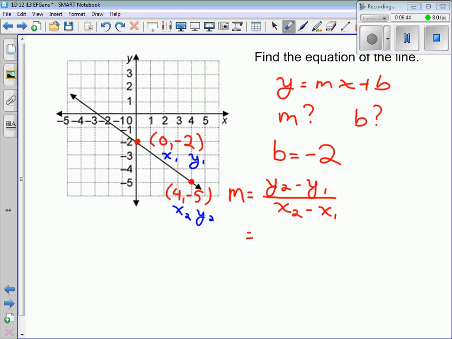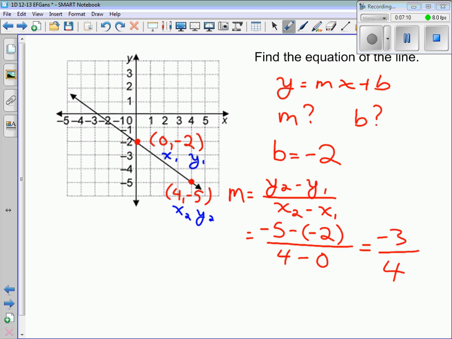Let's sub these in. So our y2 is -5, y1 is -2, so we've got to do minus -2. x2 is 4, minus x1 is 0. So we do our subtraction here. -5 minus -2 is like -5 plus 2. So that gets us -3. 4 minus 0 is 4.